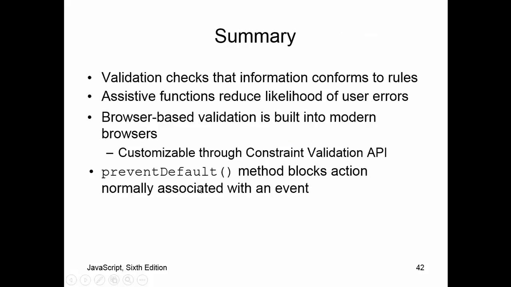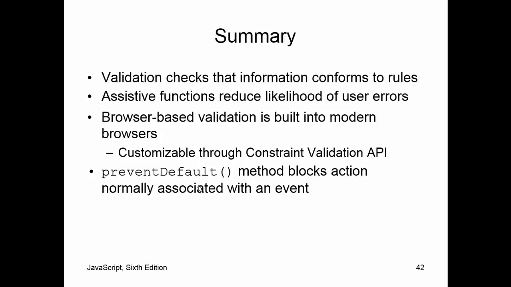All right. So this chapter talked about validation. Validation means making sure that you're conforming to some rules. In particular, we talked about validating forms. One of the things that was mentioned in here is we wanted to use what are referred to as assistive functions. You want to make it virtually impossible for the person using your form to screw up.